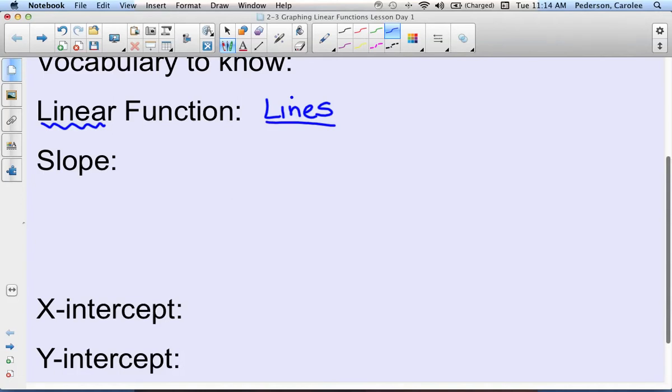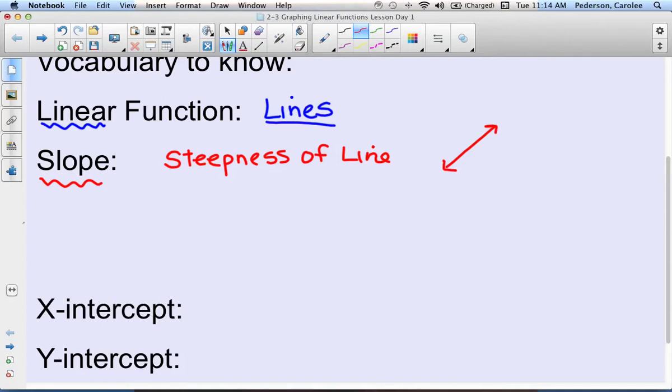The next thing is slope. You're going to hear this word a lot in this chapter. The slope is the steepness of the line, how steep the line is. So the line could look like this, which means it has a positive slope.